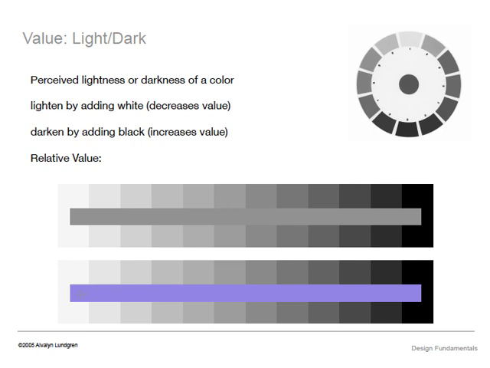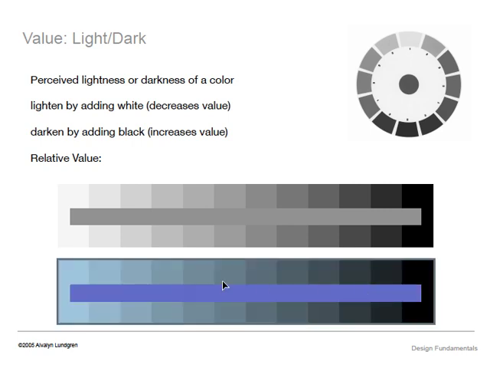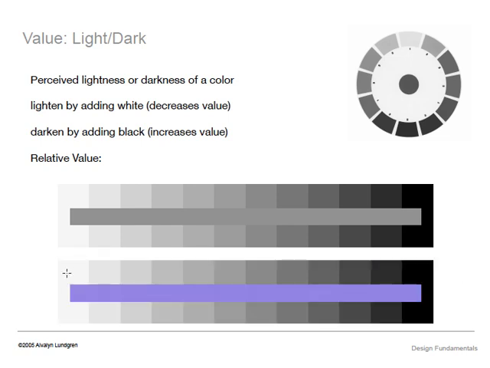Same thing happens with color. So we've taken a tinted violet, we've added white to the violet, and it's about the same value again as the gray strip above it. But you'll notice that that same violet looks lighter against the darker gray, against the black, and darker against the light gray.